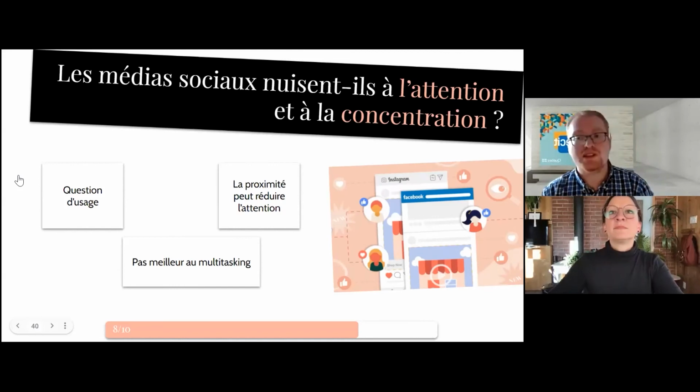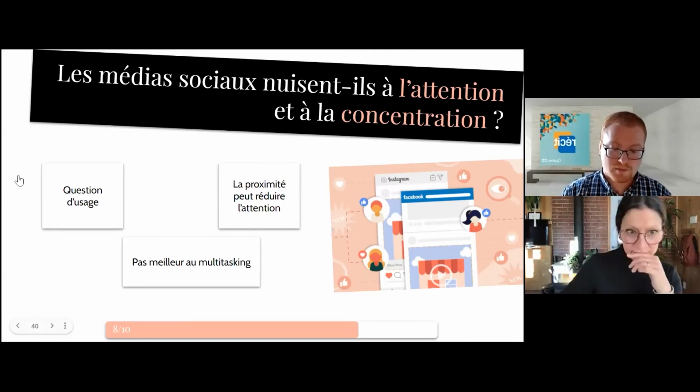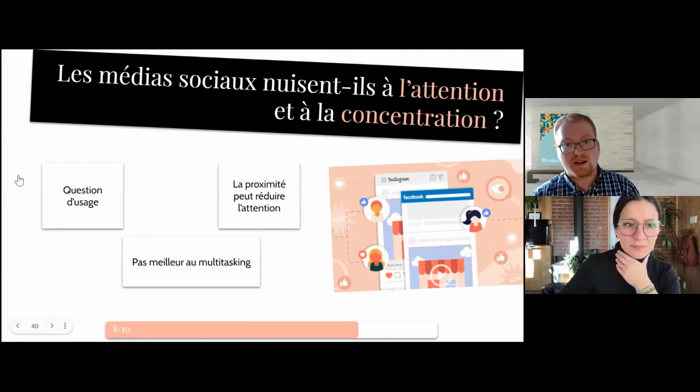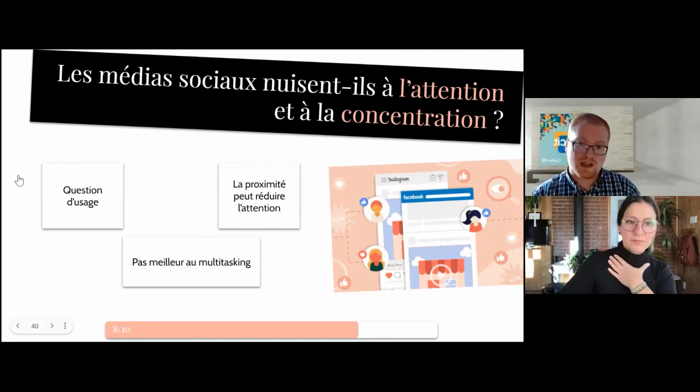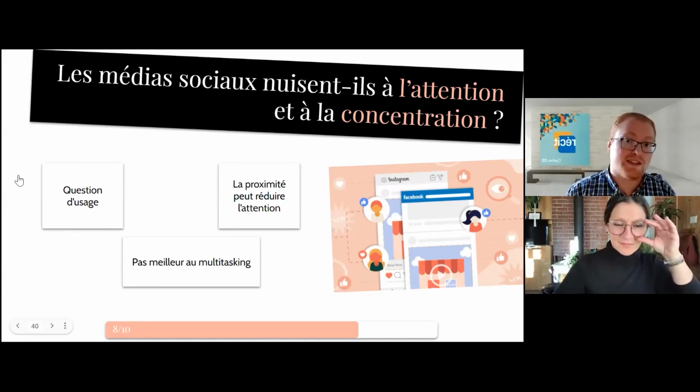Another issue is proximity, because your phone is always close by, so it's easy to access. Proximity to cell phones can decrease attention. There was a study done with adults who had mathematical tasks. They had their cell on the desk, in their backpack, at the front of the class, or no cell in the room at all.